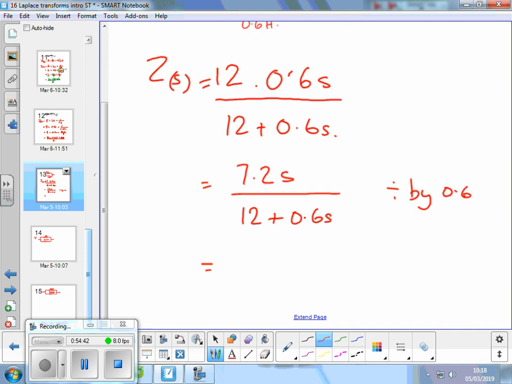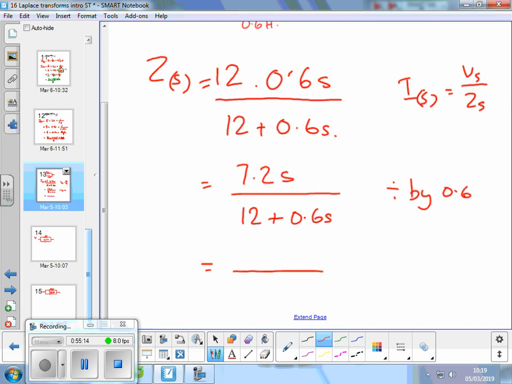Because what we're going to be doing next week is looking for an expression for I in the S domain, and it's going to be equal to VS over Z. And if that expression's too complex, then that expression's going to get muddled. So aiming for the denominator to have an s on its own. So we divide through by 0.6.